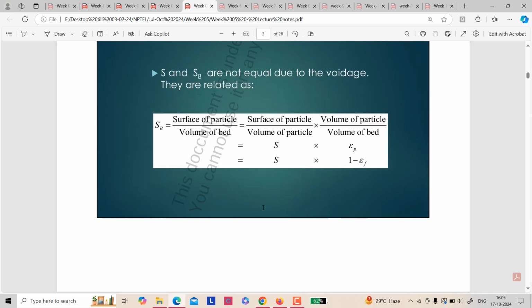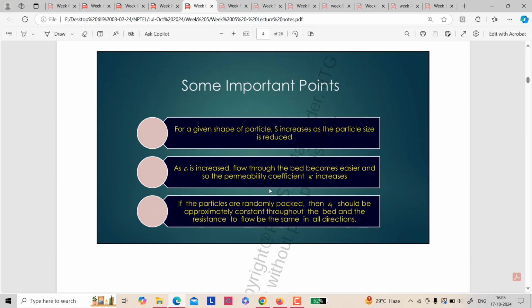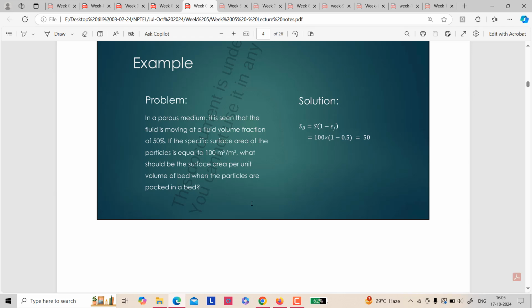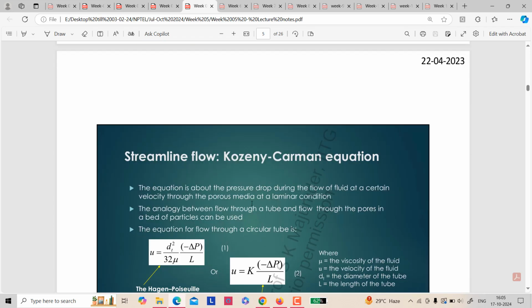This is how the surface of the particle and the volume of the beds are calculated, that is explained in this case. So from here the Kozeny-Carman equation comes, which gives the pressure drop during the flow of a fluid at a certain velocity through the porous media at a laminar condition.